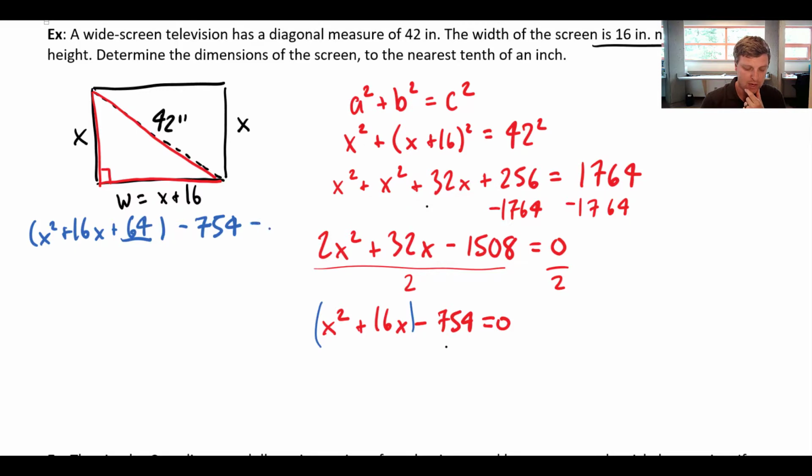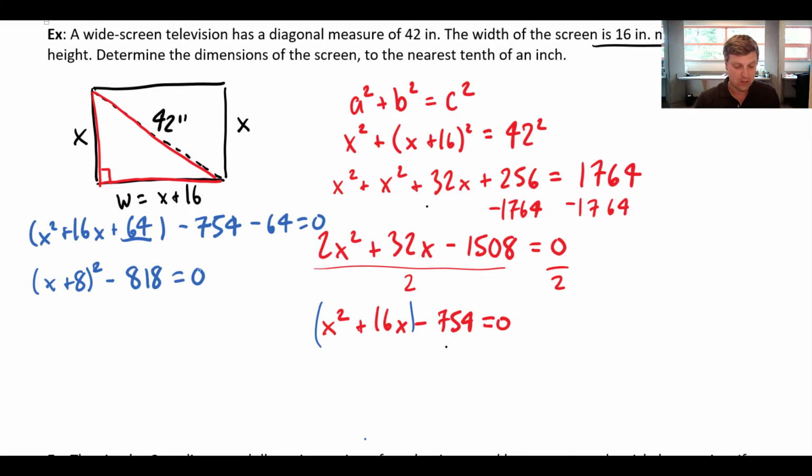And so I'm going to subtract 64 on the outside. And this whole thing is still equal to 0. So this perfect square becomes x plus 8 squared. And then I've got minus 754 minus 64, which is going to be minus 818 equals 0.